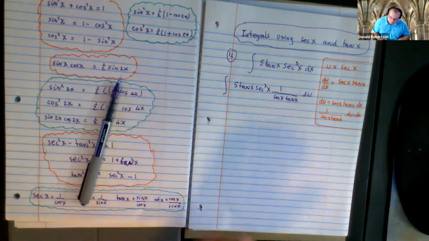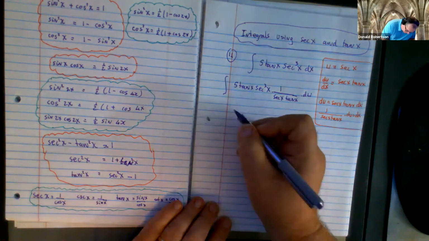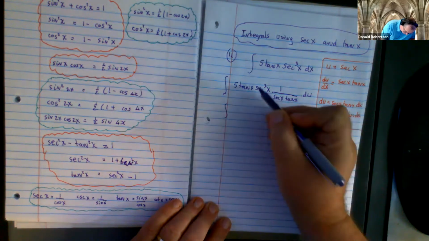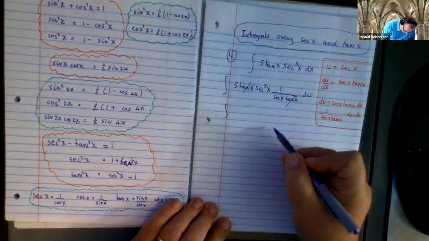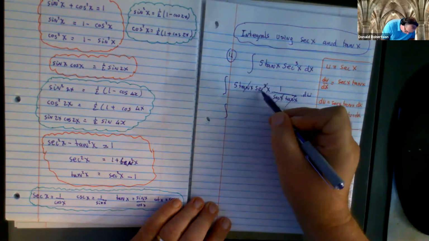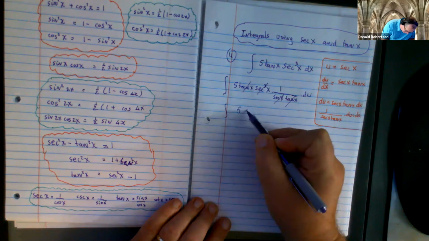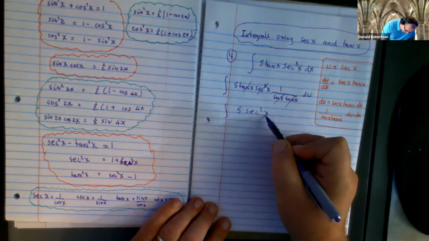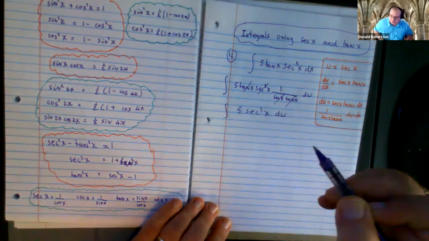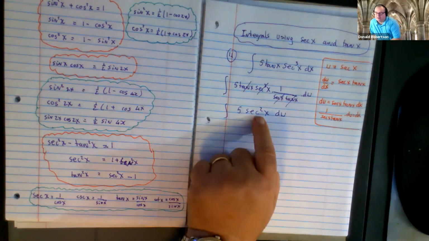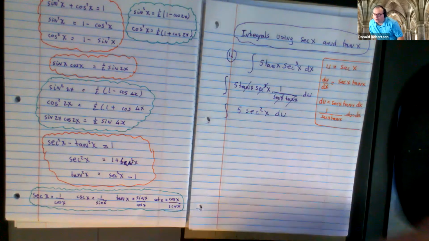It's a little bit easier when the dust is settled for you to know what you've got. And can you see that that tangent kills off this tangent, and that secant kills off one of those secants, and now you've got 5 secant squared x du. And it's at this point here that you now worry about your u sub.